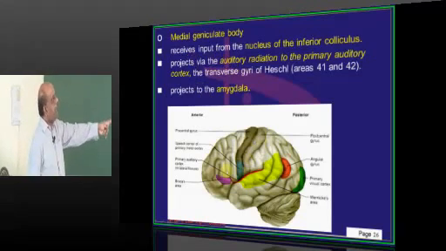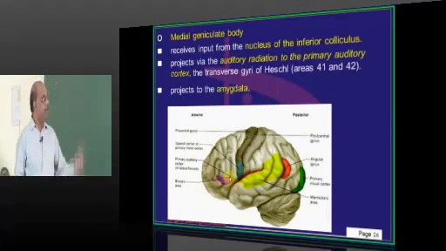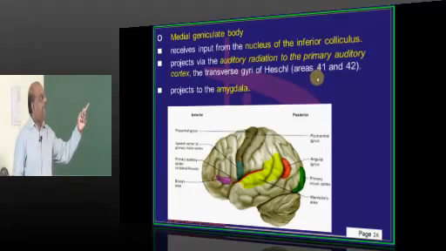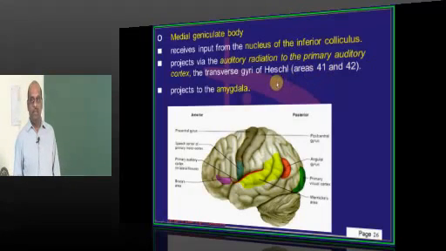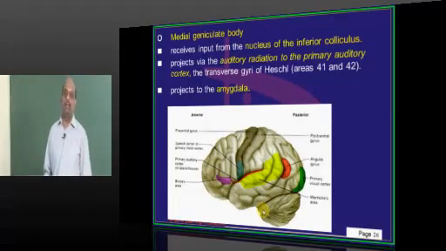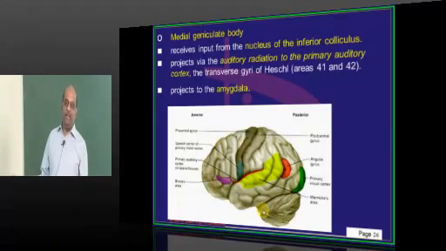Then it ultimately projects through the auditory radiation to the primary auditory cortex. Where is it located? On the first day we discussed the gross anatomy of the brain. The transverse gyri of Heschl, which is areas 41 and 42. And the medial geniculate body also projects some fibers to the amygdala. Why? Whenever you listen to a beautiful song, you will remember those days once more.